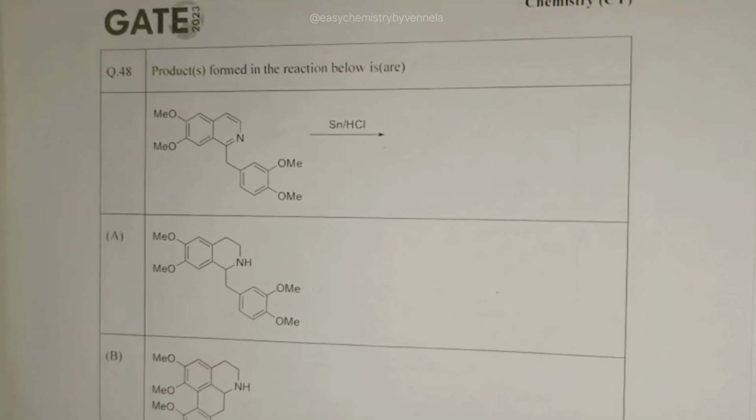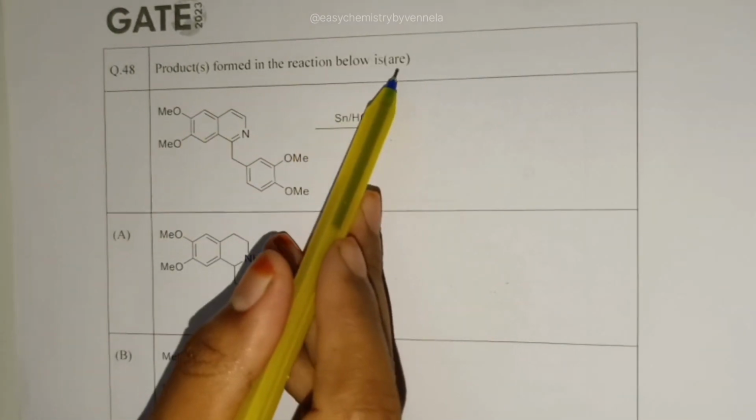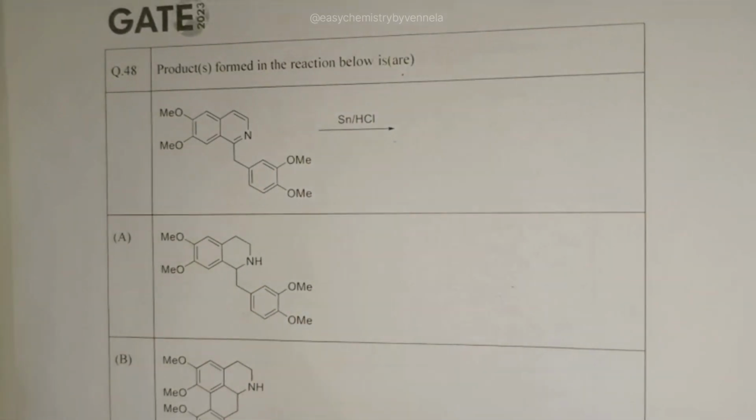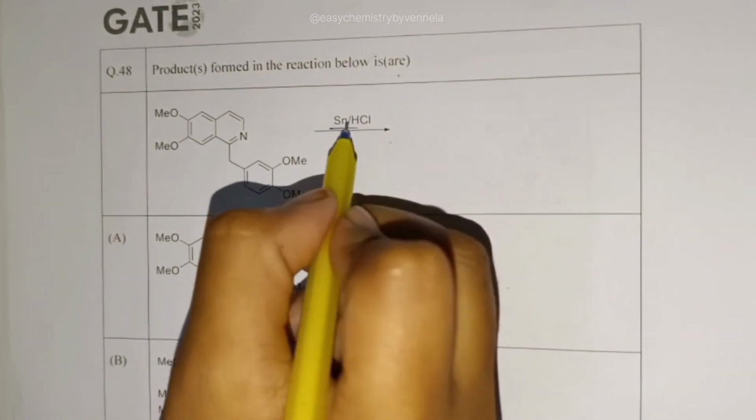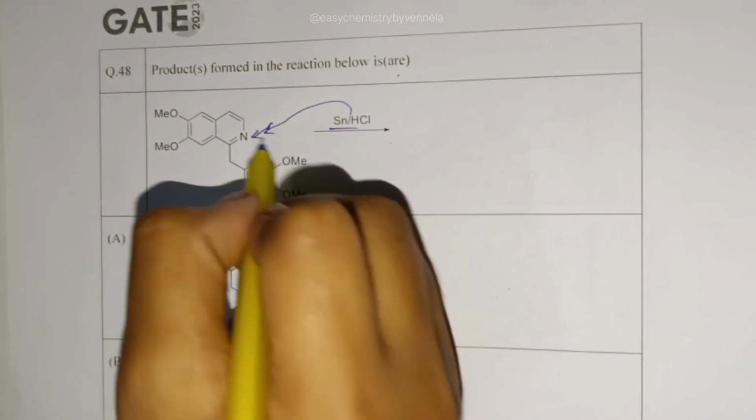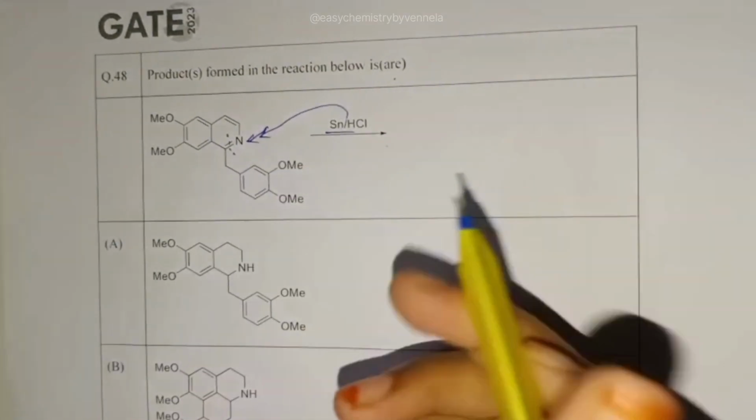So our next question is, product formed in the reaction below are. Here first it reaction with nitrogen. Here break this bond.